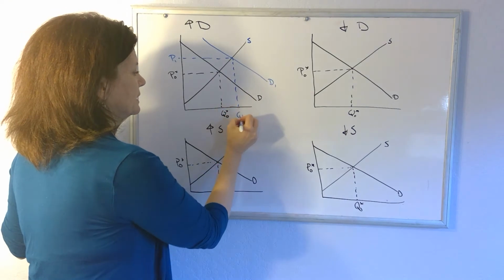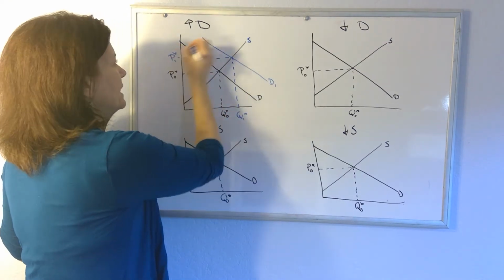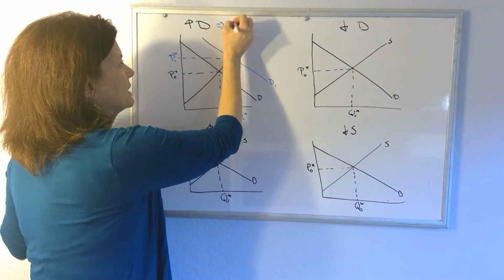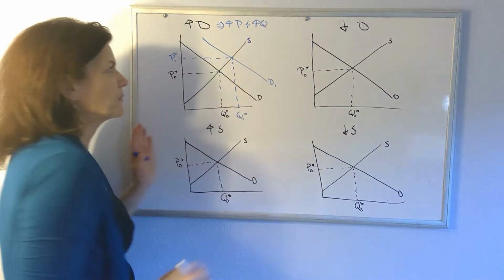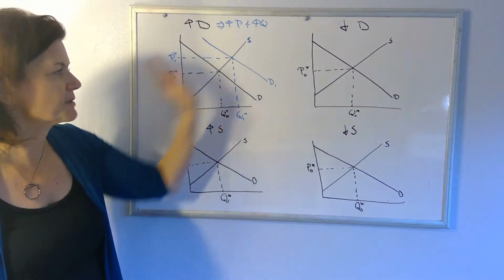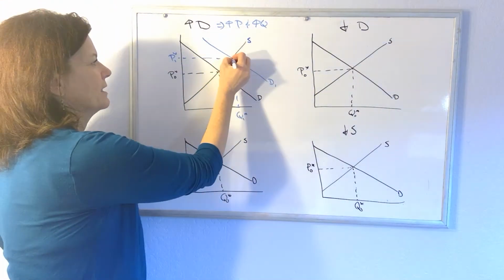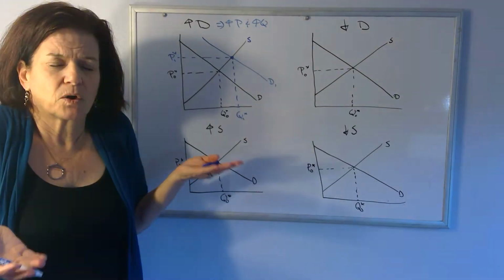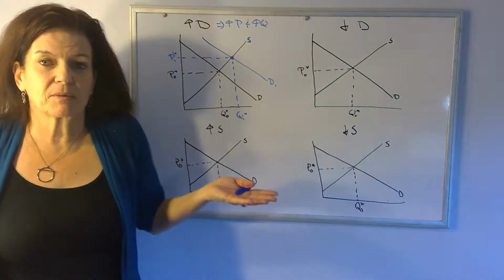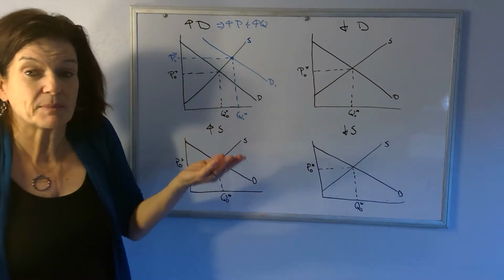Whatever, anything that increases demand is going to increase equilibrium price and increase equilibrium quantity. Whatever market this is, and whatever it was that increased demand, the new equilibrium is going to be more people are going to buy it and the price is going to be higher, which makes sense, right? A lot more people want it, it's going to drive up the price, but more people are buying it.